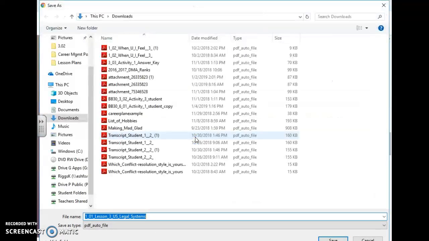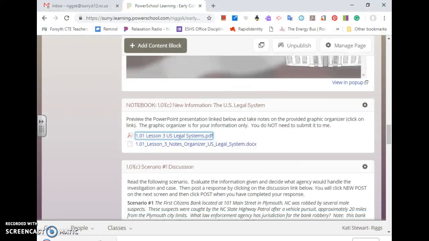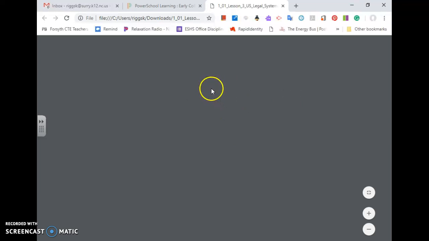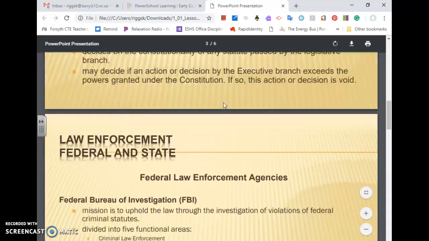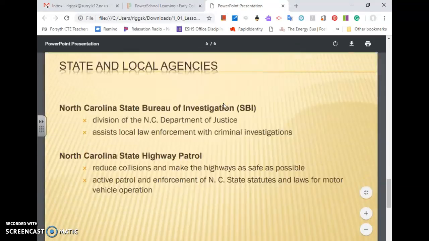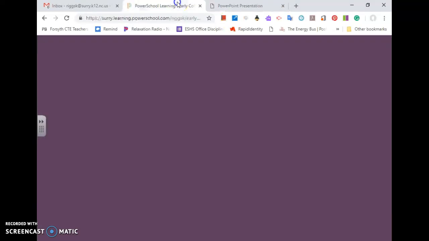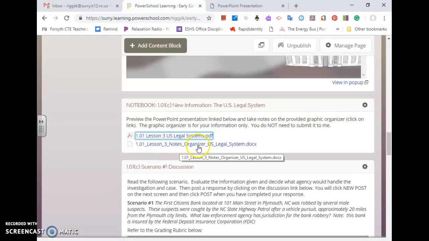But if you just wanted to open this and just take plain notes, you can. But I've given you a graphic organizer. However it helps you the best, I don't mind. So here's the notes, and you'll take notes and put them in your notebook. Or you can just use the graphic organizer, whichever one.